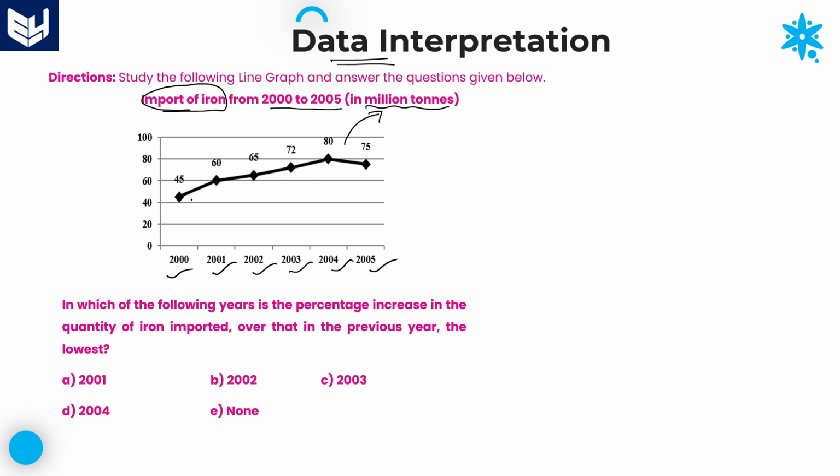If you observe carefully, we have only one line, so it is somewhat easy to calculate. But if you look at the numbers, these are not round figures. 72 is not a round figure, right?